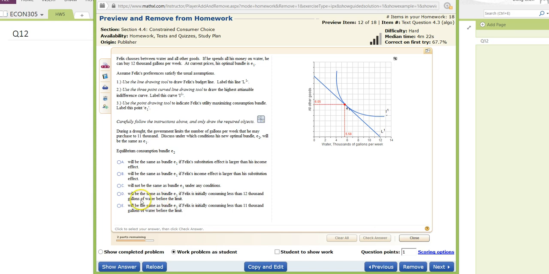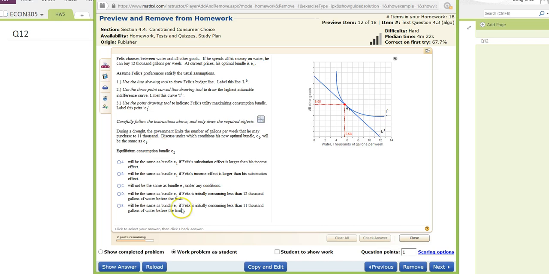This looks like it could be the right answer, because if his initial optimal bundle has water less than 12,000, sorry, the restriction here is 11,000, so we should probably choose E: will be the same as consumption bundle E1 if Felix is initially consuming less than 11,000 gallons of water before the limit. I should have read it more carefully, because the restriction here is 11,000, so the number should match that.